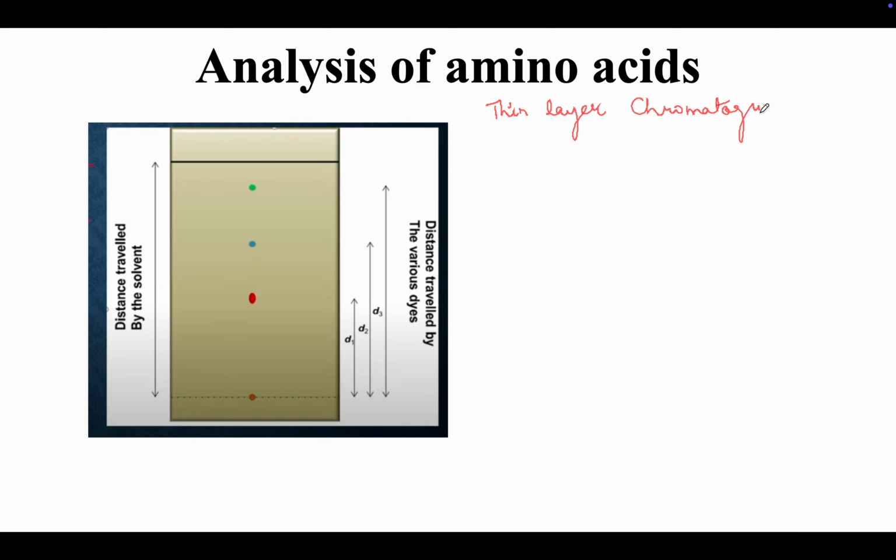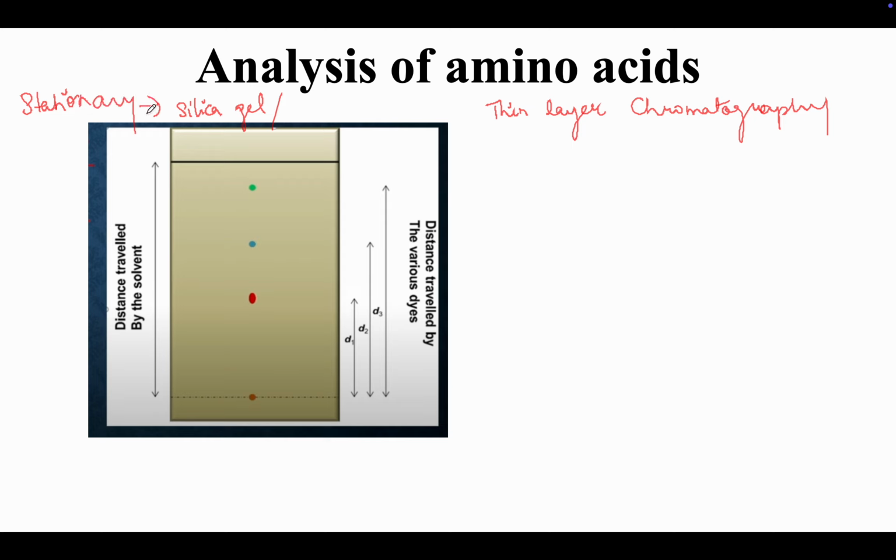This is a very basic and very important technique: thin layer chromatography. This rectangular sheet could be a thin layer made up of silica gel, or it could be the stationary phase or the stationary layer here.